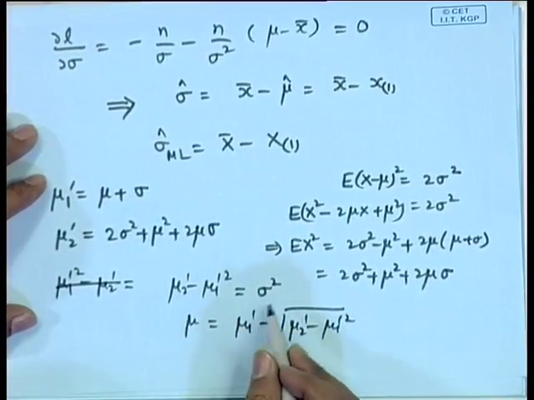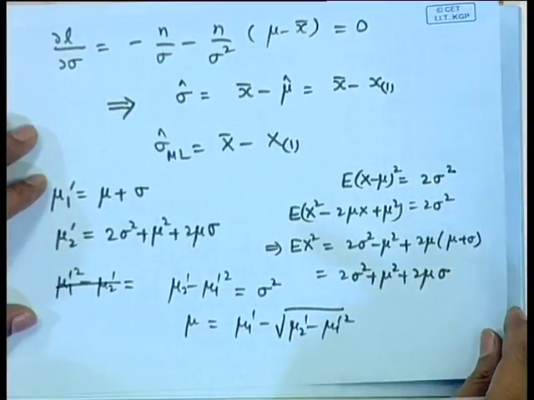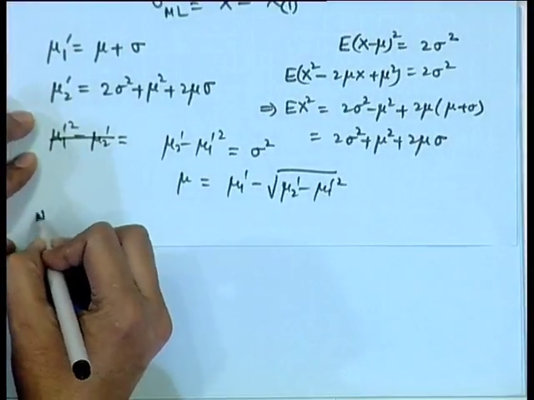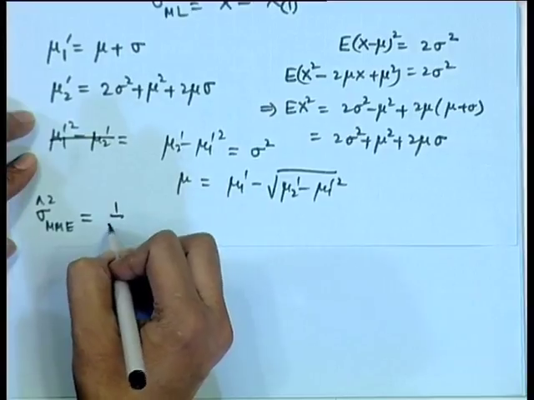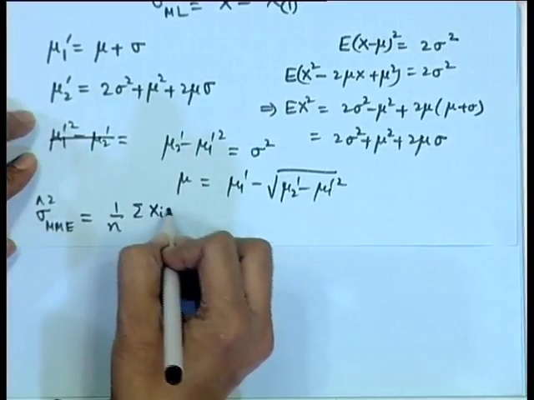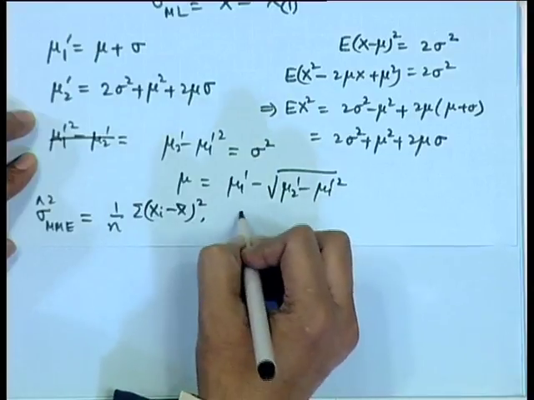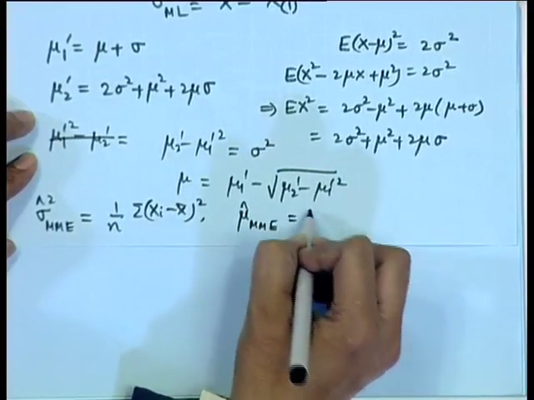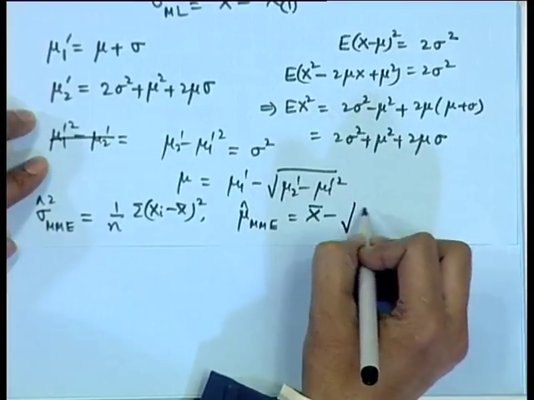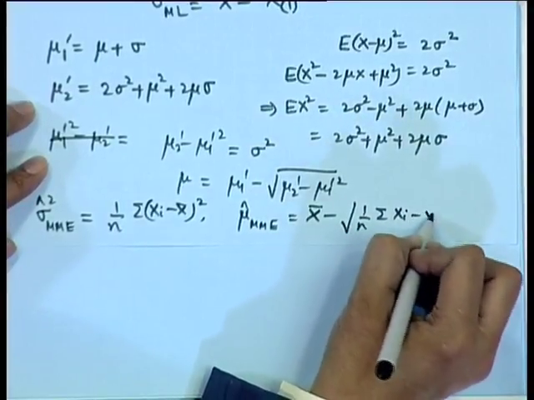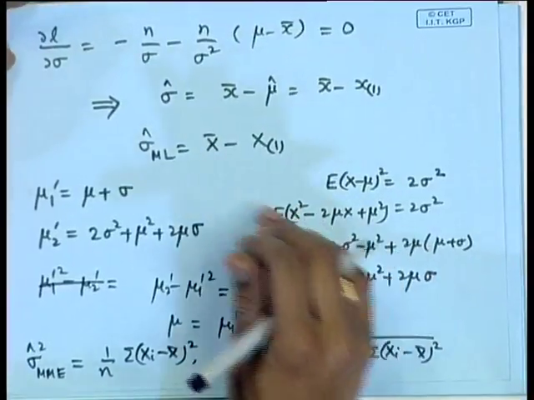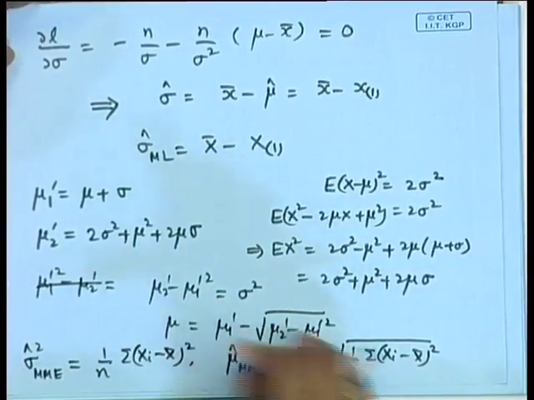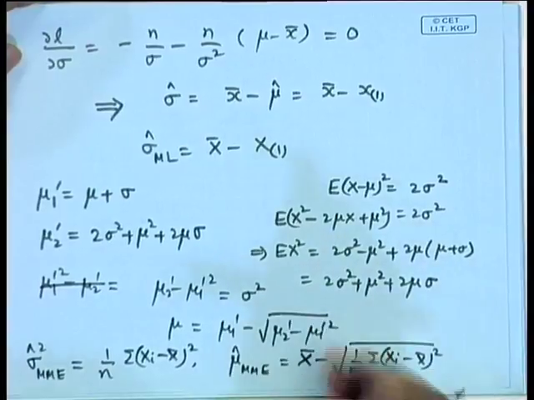So, the method of moments estimators for mu and sigma square will be obtained as sigma hat square MME is equal to 1 by n sum of x i minus x bar whole square, and mu hat MME will be equal to x bar minus square root of 1 by n sum of x i minus x bar whole square. Note here that the maximum likelihood estimators and the method of moments estimators are quite different from each other, and therefore, the question arises which of these is better.